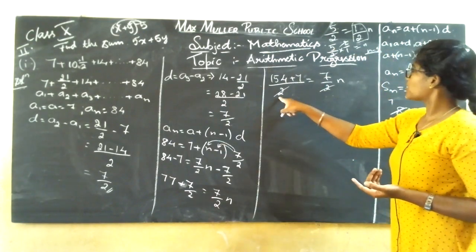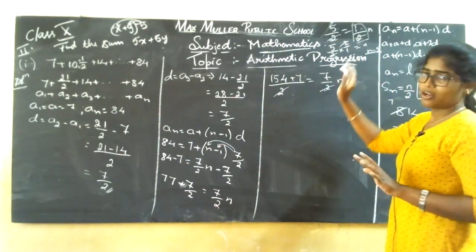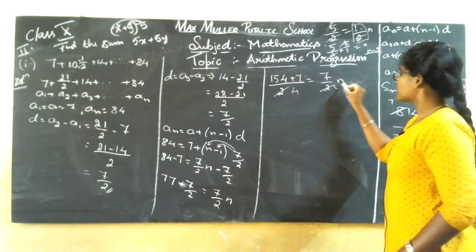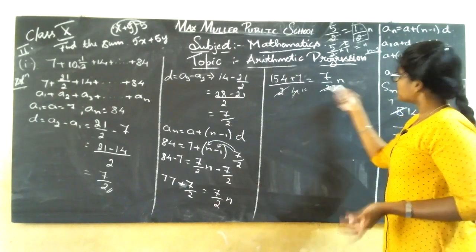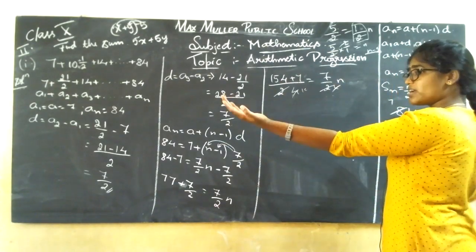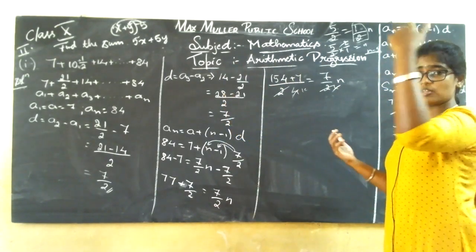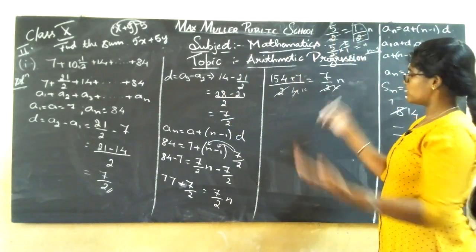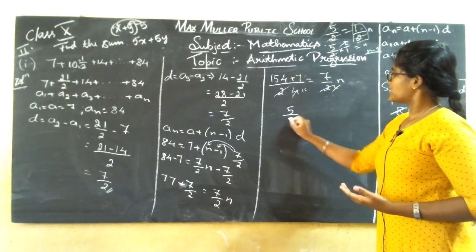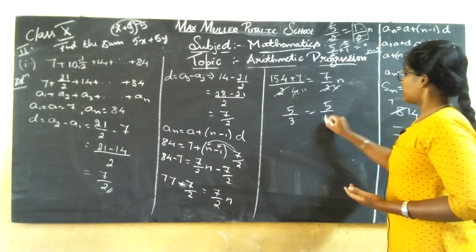Similarly here also, I have cancelled it here itself. The 2 is gone. If you had 4, it is gone. If you had 10, it is gone. If you have the same numbers in the denominator of the left hand side and the right hand side, it gets cancelled. Or if you have the same numbers in the numerator, see here, 5 by 3 is equal to 5 by 11n.